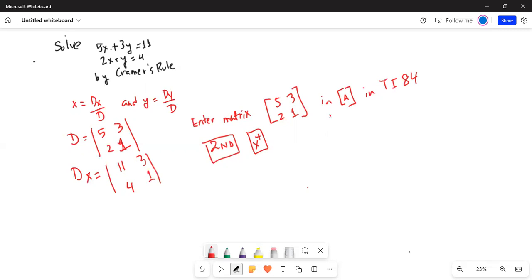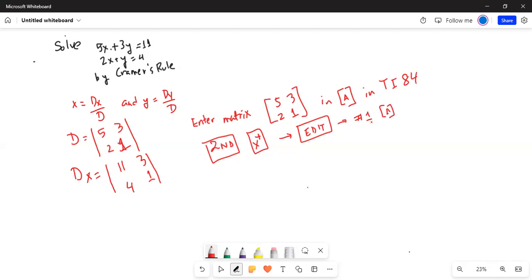Then on the top row, I bring the cursor to edit, and then I select number 1, which is matrix A.